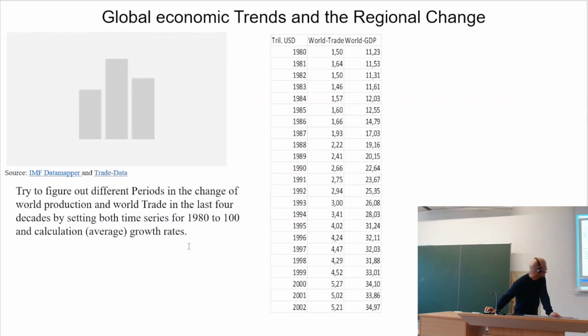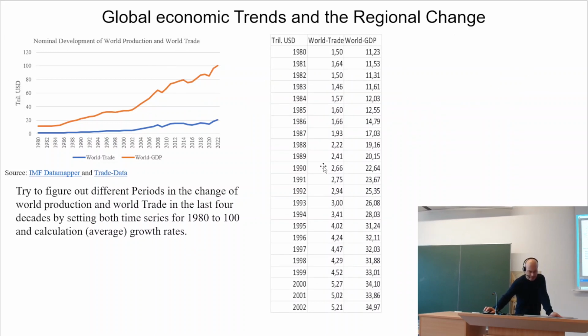Okay, so then I downloaded the data for world GDP and world trade. For world trade, since until now we have only one Earth, there are exports and imports of the world. Well, if we are not exporting to Mars, then of course exports and imports have to be the same in a global way.